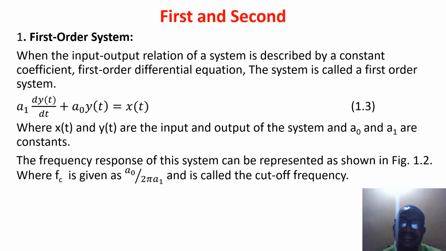This is typically an example of a first order differential equation, where x of t and y of t are the inputs and outputs of the system, and A0 and A1 are the constants.